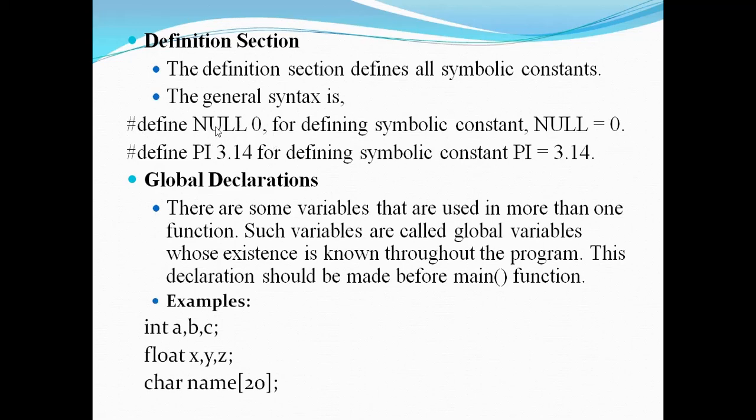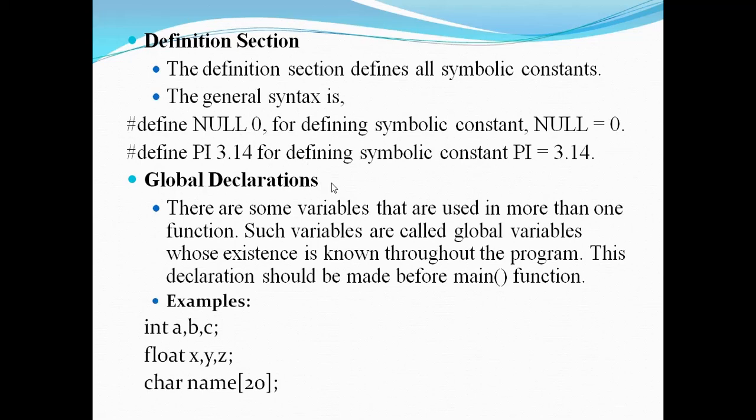This says the null value is 0. Another example is hash define pi 3.14. This defines the symbolic constant pi. We know that the pi value is 22 by 7, that is 3.14. So these are used for the definition section.